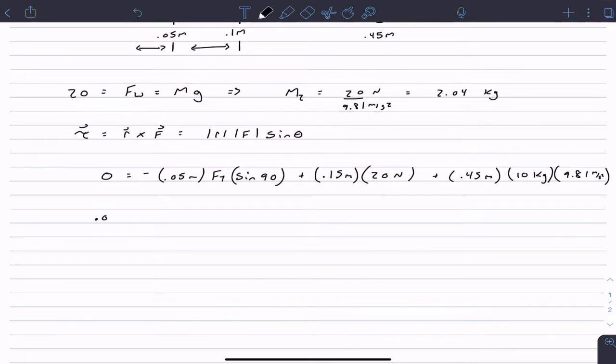So now we have 0.05 meters times F sub T is equal to 0.15 times 20 newtons. Well, let's not cut corners here: 20 newtons plus 0.45 meters times 10 times 9.81. This is going to be units of newton meters.